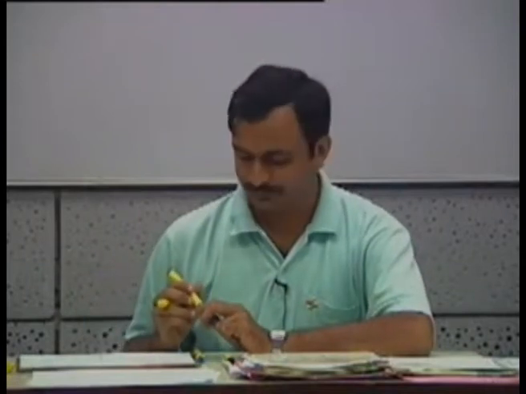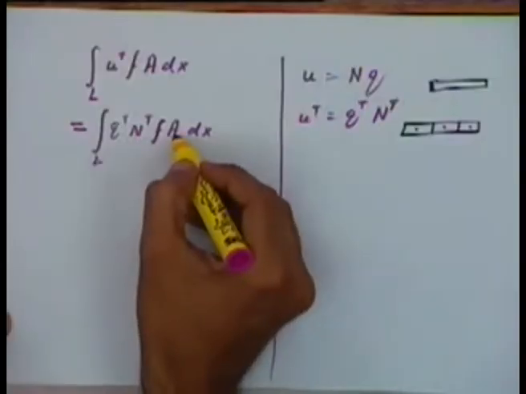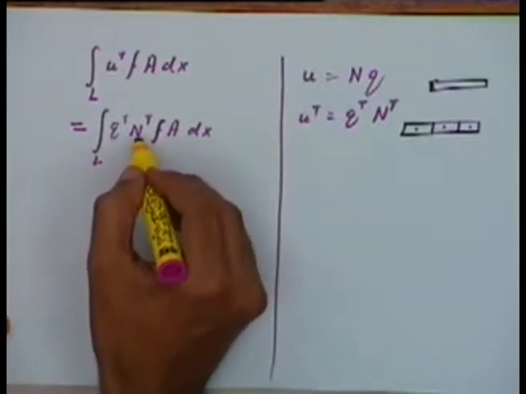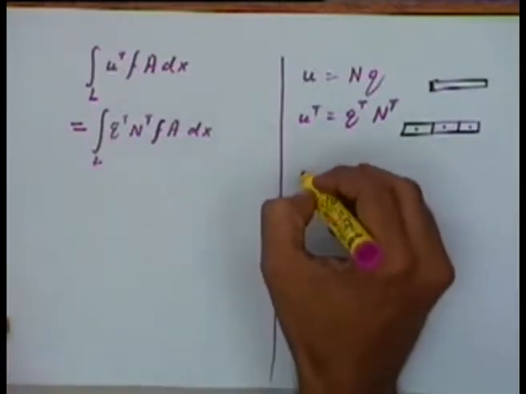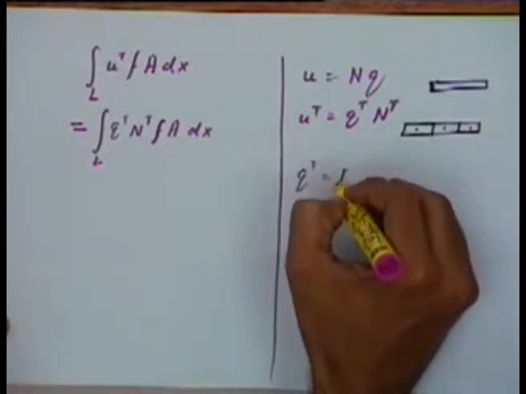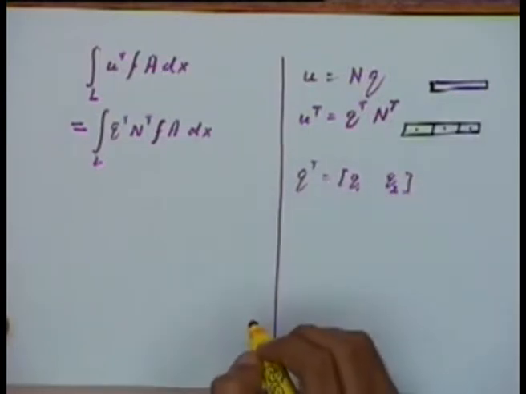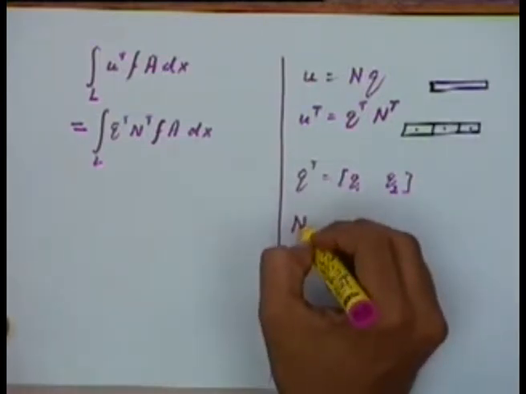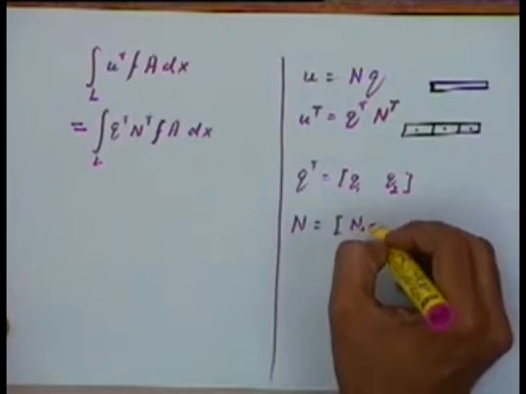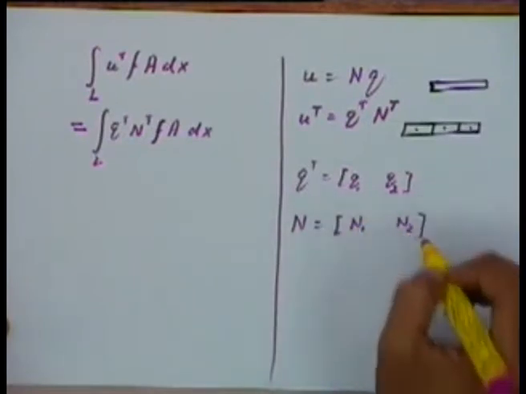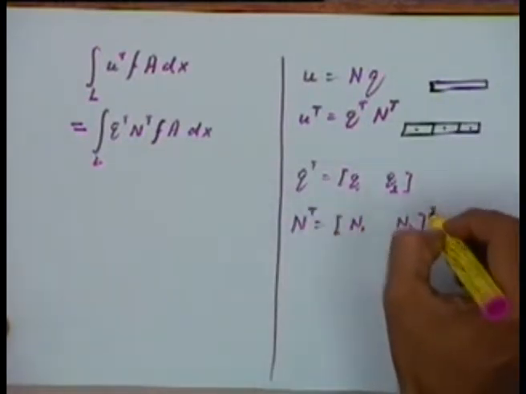enough. So in that case F will be a constant, and A, the area of cross section, is also constant. Q transpose into N transpose. Q transpose will be equal to Q1 Q2. N is equal to the matrix N1 N2. So N transpose is this.